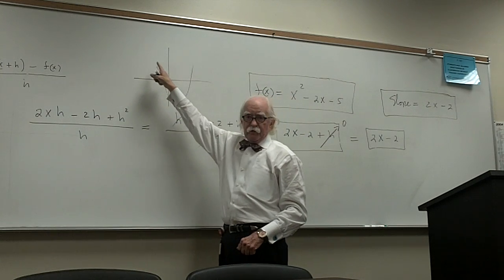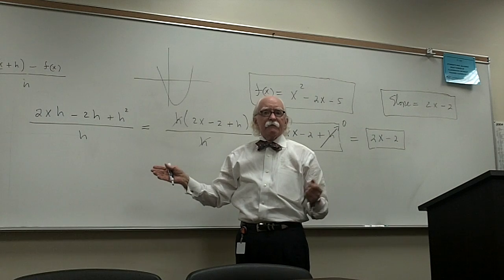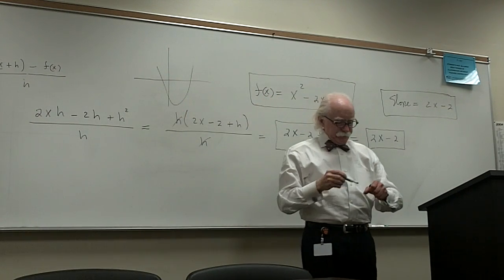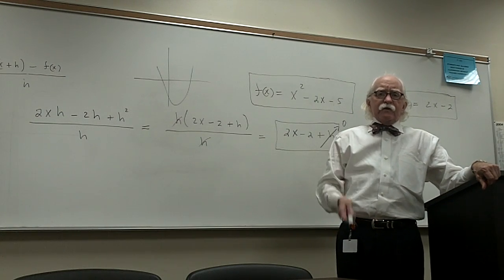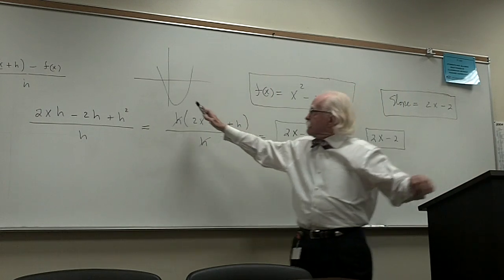Let me ask you a question. If you're coming down this side, what can you say about the slope of the line? Less steep and less steep. You have to say that the slope is decreasing. It is a negative slope over here.